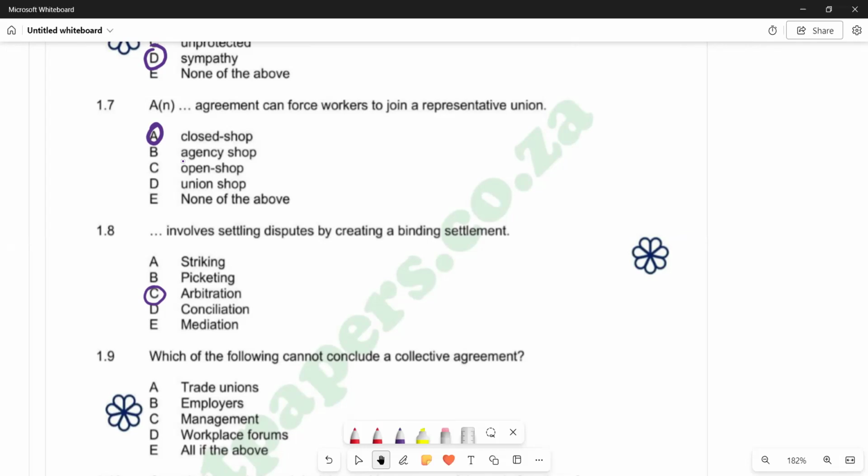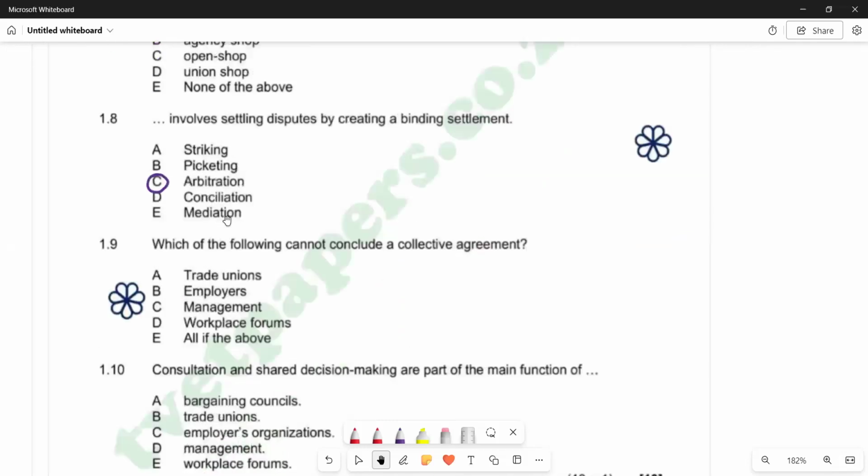Then we go to 1.9, which is saying which of the following cannot conclude a collective agreement. The keywords that we have there are cannot conclude. Trade unions can.